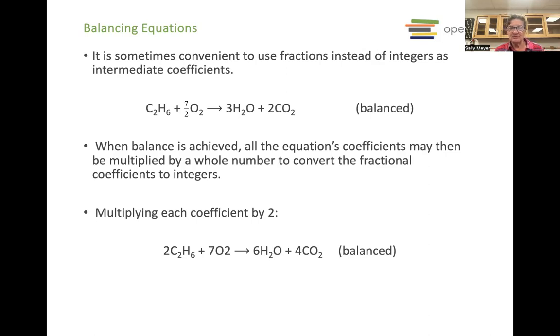So in order to get that with O2, you'd have to multiply the O2 by 7/2. So then, to come back to the convention, it's best to multiply that whole equation by 2 to change those into whole numbers rather than fractions. If you multiply everything by 2, your ratio doesn't change, so you're good.